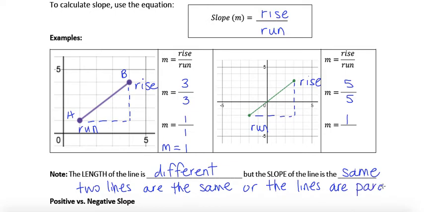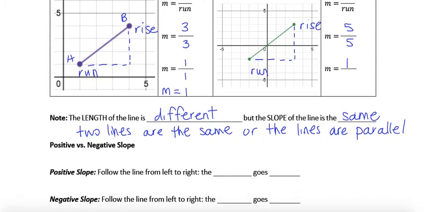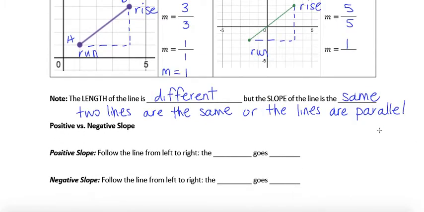Remember, parallel means that the lines run beside each other and they never meet. So if the slopes are the same, the two lines are either the same line or parallel lines. If you want, you can draw a little diagram for parallel lines as well.